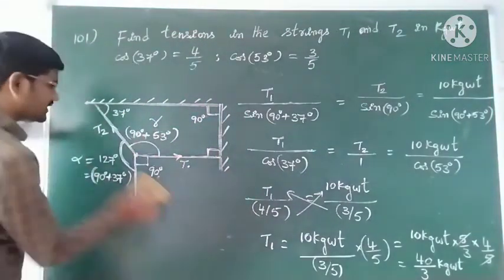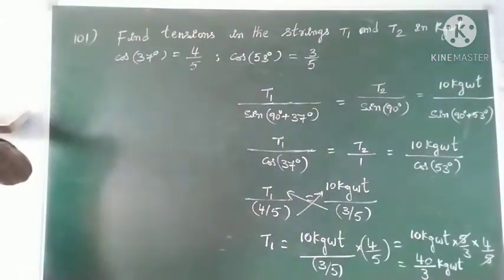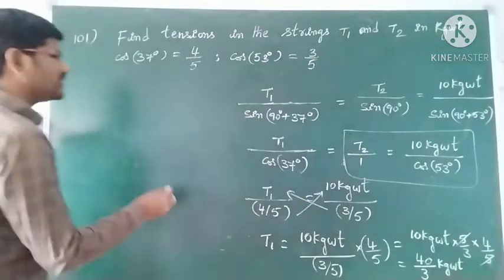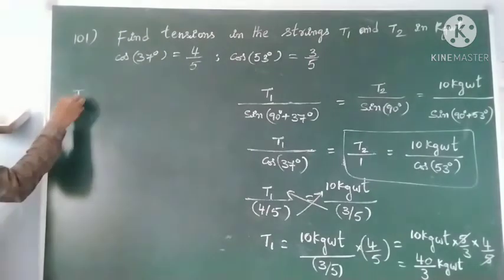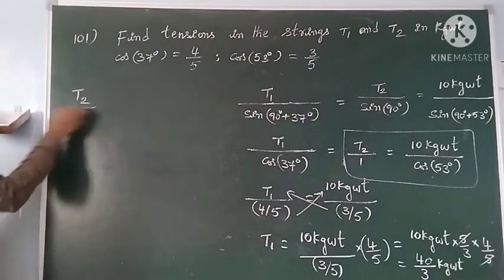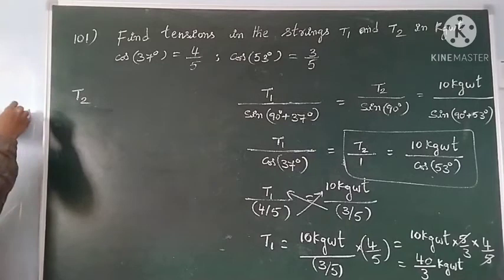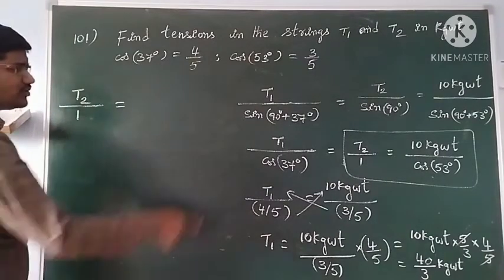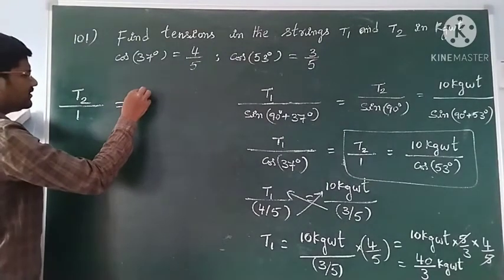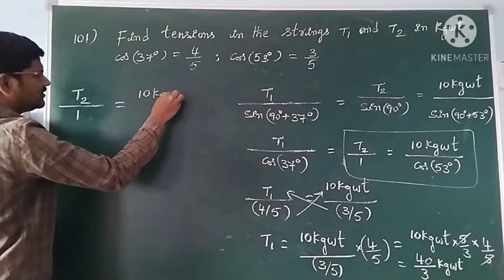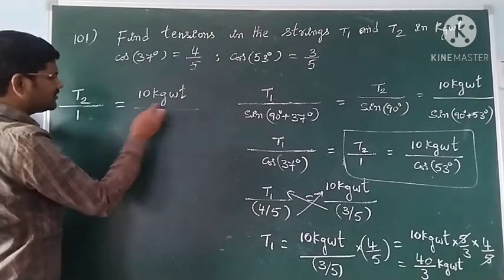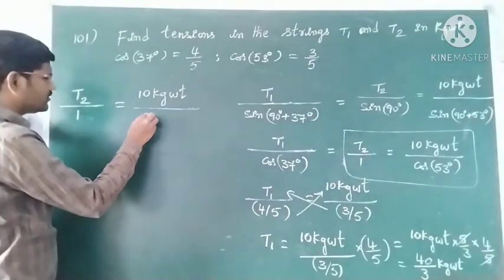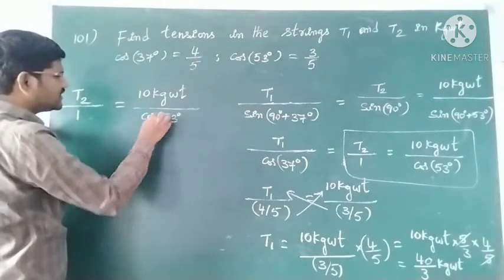Okay students, the next one is T2. For T2 you equate these two things. Then T2 by 1 is equal to 10 kilogram weight by cos 53 degrees.